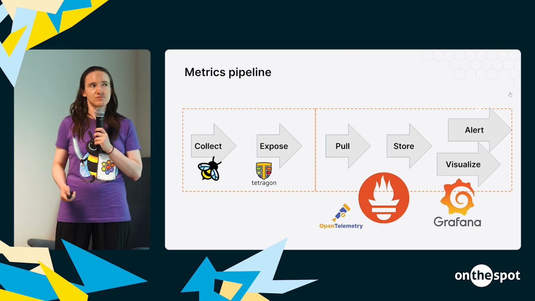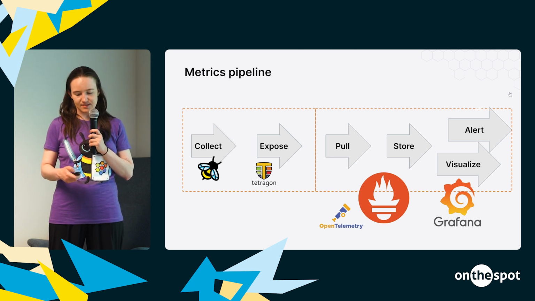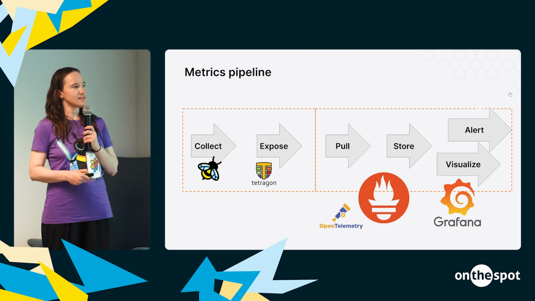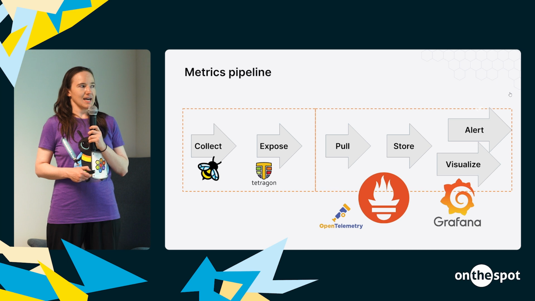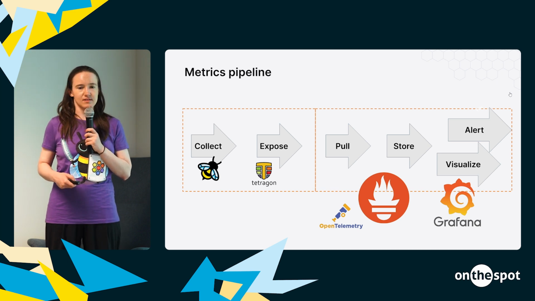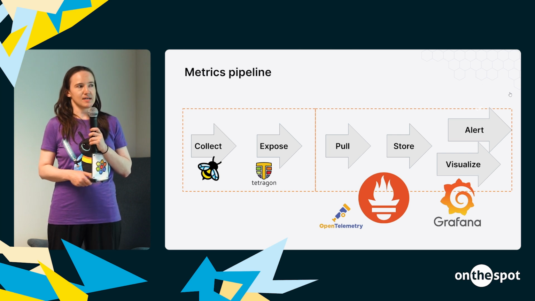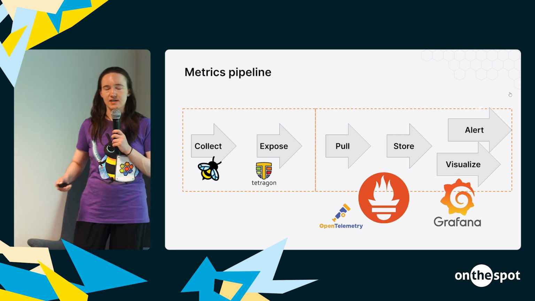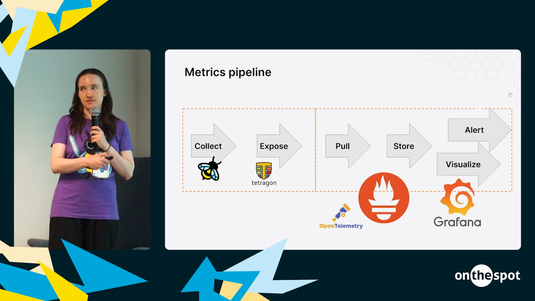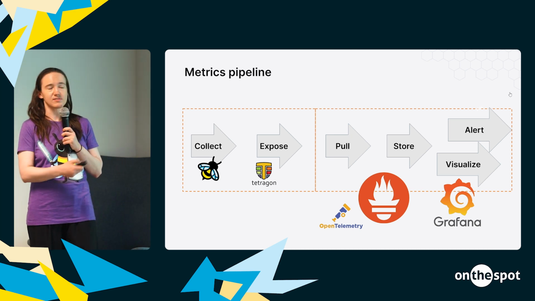How Prometheus metrics usually work is that we collect the metrics, we expose them somewhere, and then Prometheus or some compatible tool scrapes them and stores them, and then we query and visualize them, for example, using Grafana. These first two steps usually are one step we just call instrumentation, right?